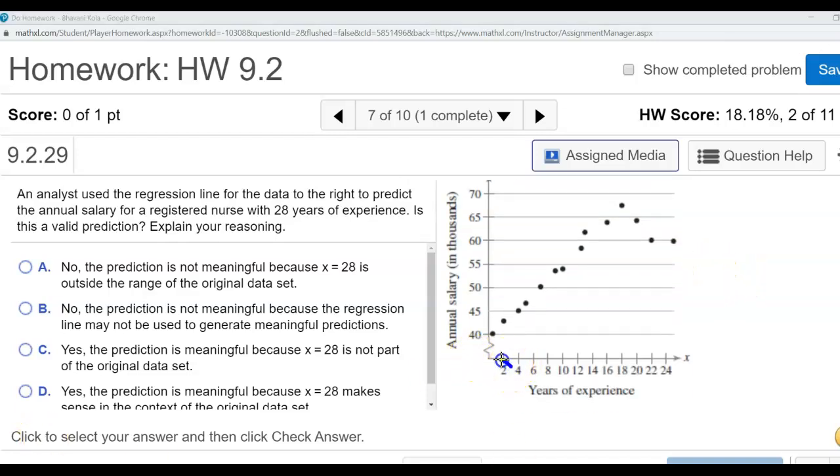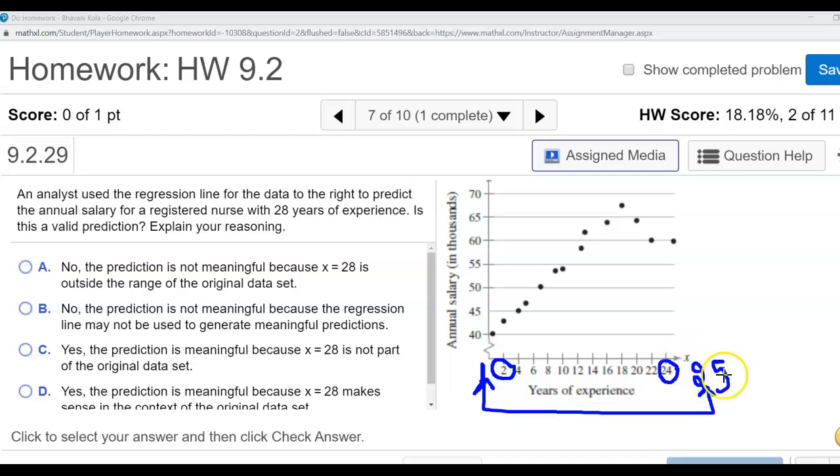See, your X value is starting from 2 and your X value is ending at 24. So remember what I said, 1 below. So that means you can predict the values from 1 and 1 above, 25. You can only predict the values in between 1 and 25.